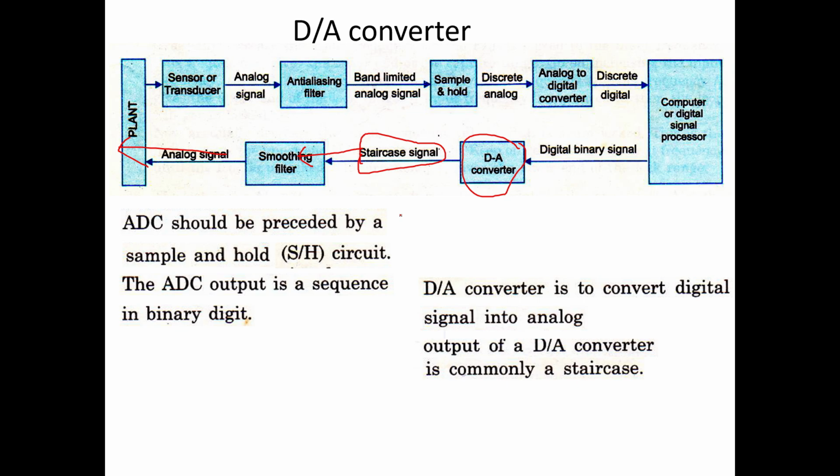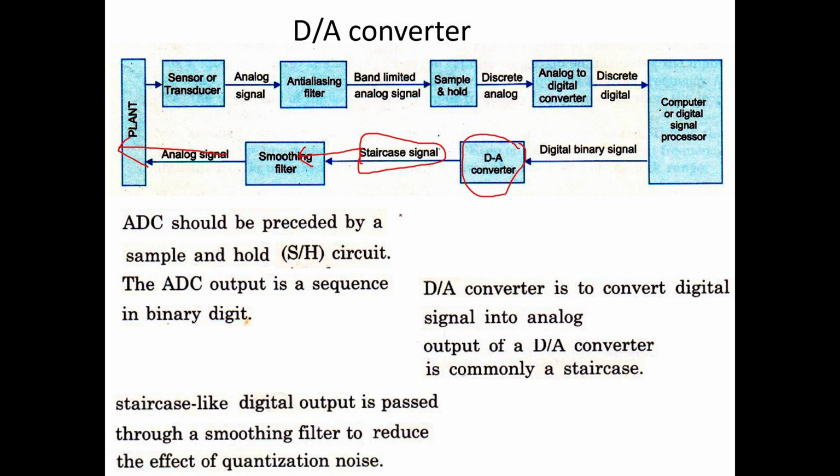The output of a D by A converter is commonly a staircase. The staircase-like output is passed through a smoothing filter to reduce the effect of quantization noise.